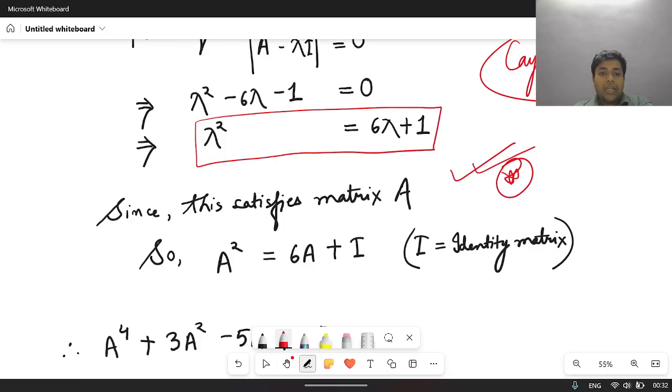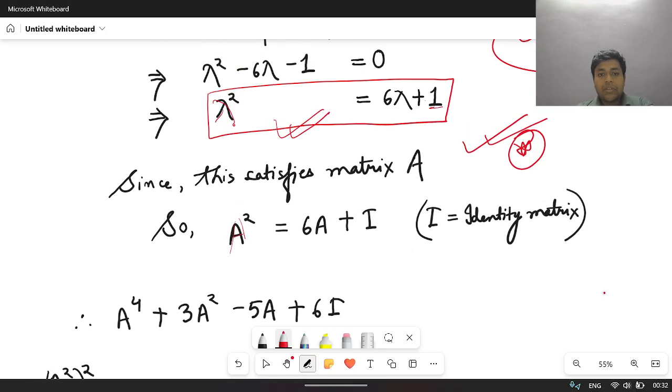Anyway, since this satisfies matrix A, we can put A in place of lambda. But always remember, when we equate this equation using matrix A, then where there is 1, that 1 will take the place of I, the identity matrix, because lambda is a value, 1 is a value, A is a matrix, I is a matrix. Easy.